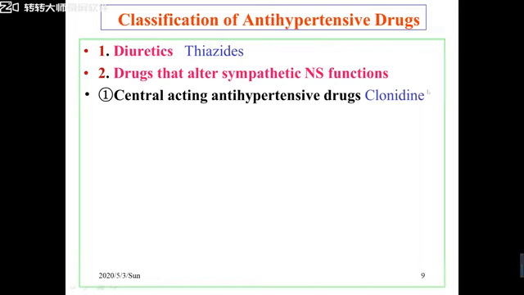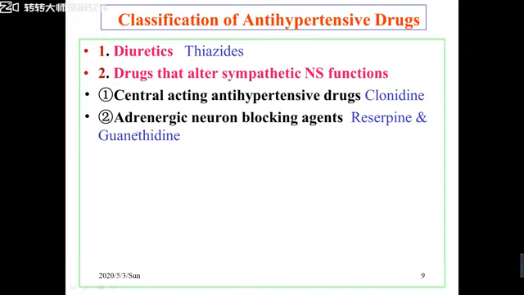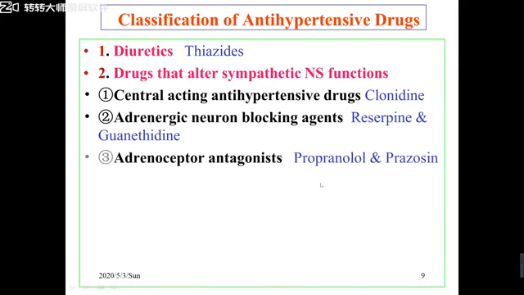Later, we will study the drug clonidine. The second level, the neuroganglion level, has two drugs, reserpine and guanethidine. Later, we will study these two drugs. And the third one acts at the receptor level: alpha receptor blockers, such as prazosin, and beta receptor blockers, where the prototypical agent is propranolol.